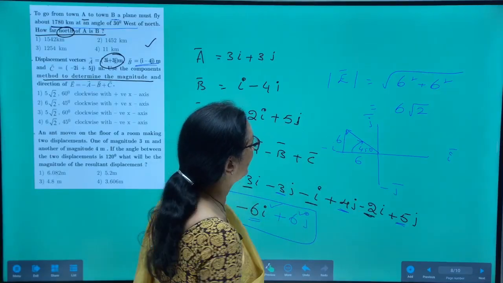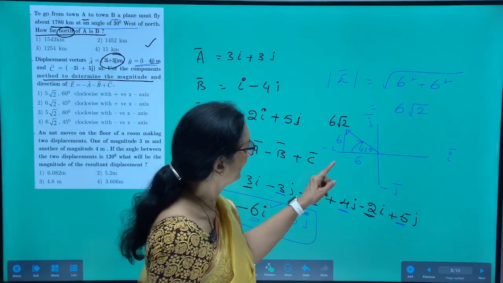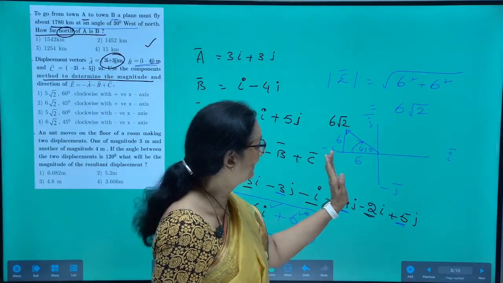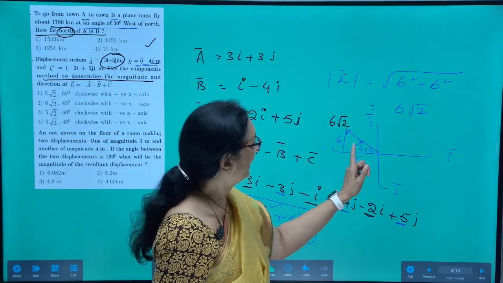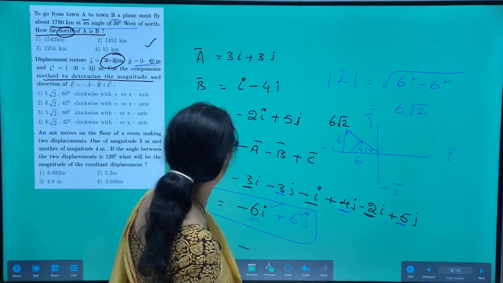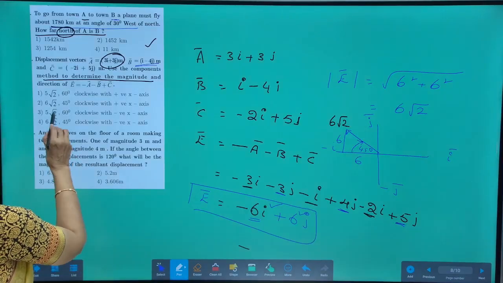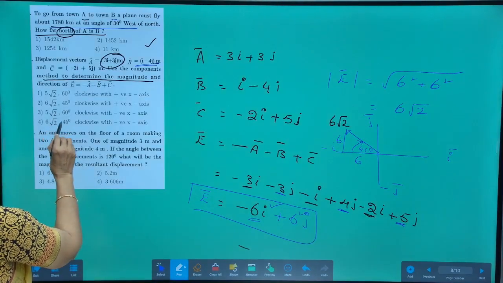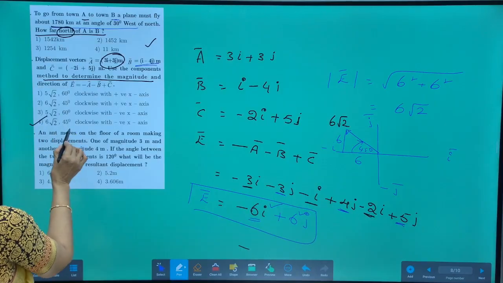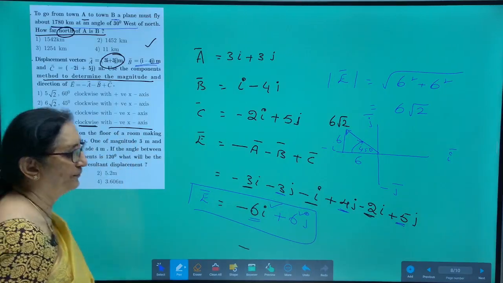The magnitude of the resultant is 6 root 2 at an angle 45 degrees from the negative x-axis in the clockwise direction.